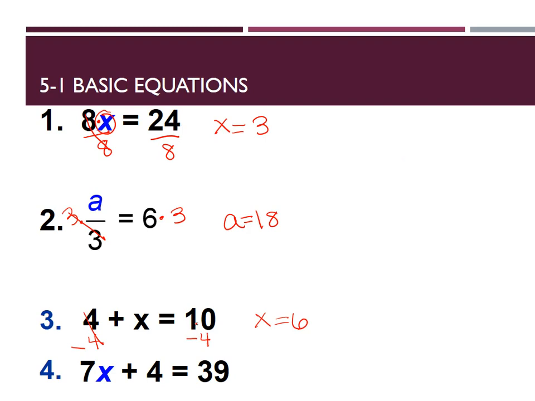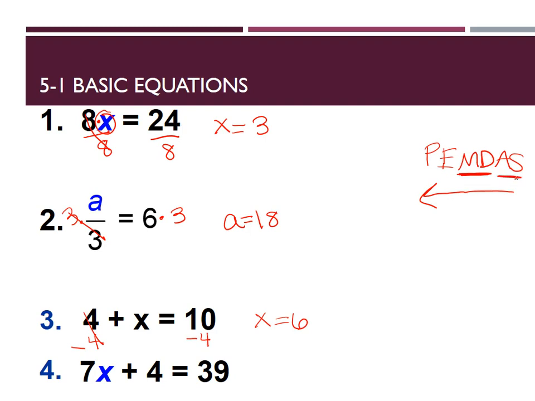PEMDAS stands for the order in which you perform operations, and it's backwards if you're solving an equation, if you're trying to work backwards to get x alone or whatever the variable is. P stands for parentheses, E for exponents, M and D are multiplication and division, and multiplication is not necessarily before division. This is just from left to right.